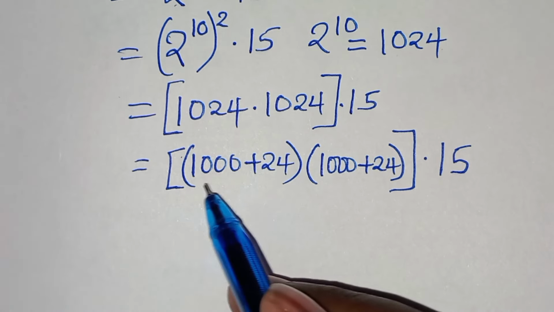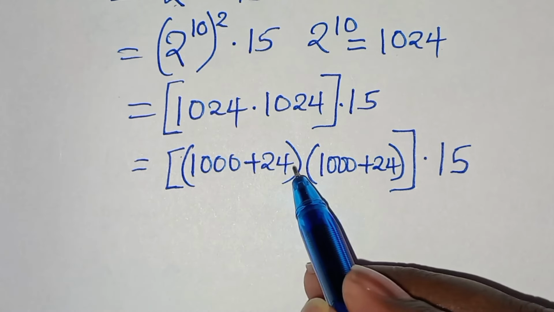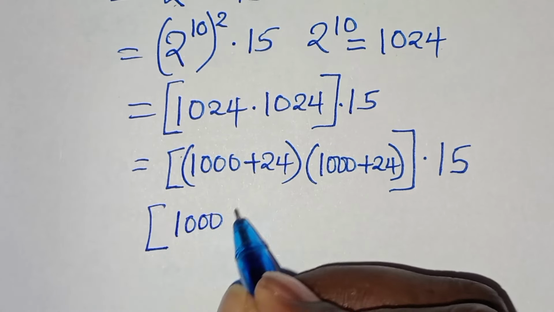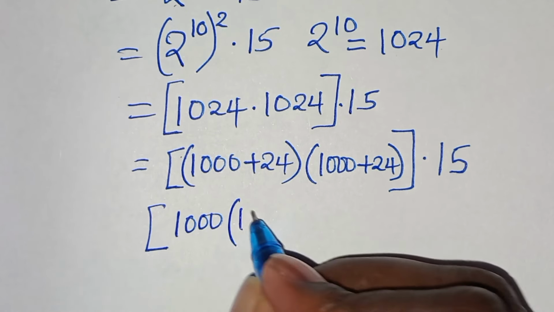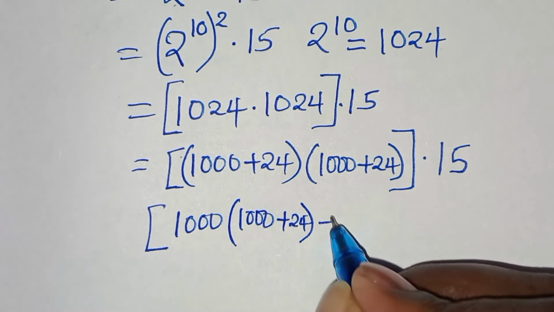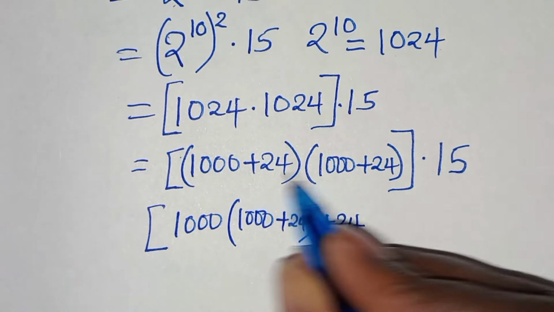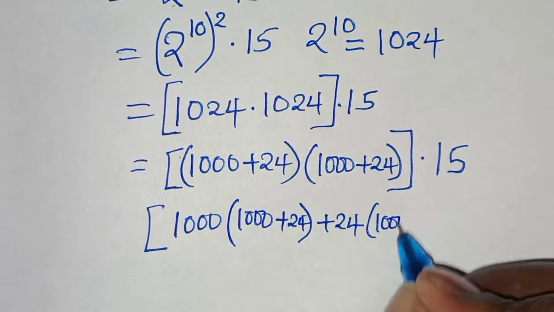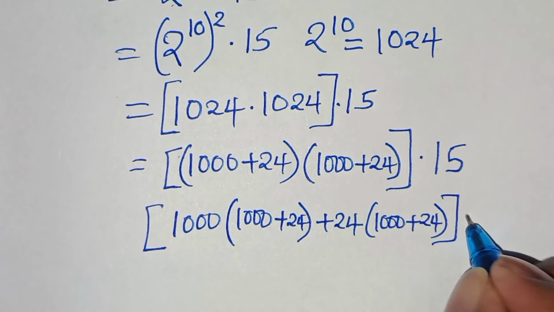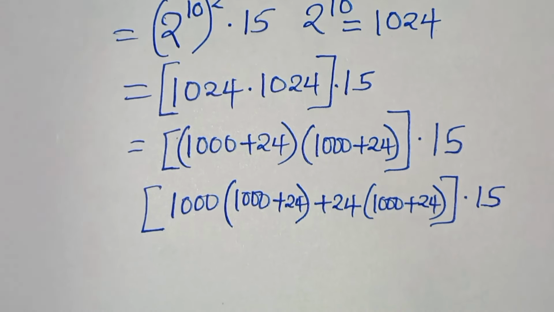Now, let's make 1000 plus 24 the subject of the formula, so that we have 1000 multiplying by 1000 plus 24, then plus 24 multiplying by 1000 plus 24, close the parenthesis, everything multiplying by 15.